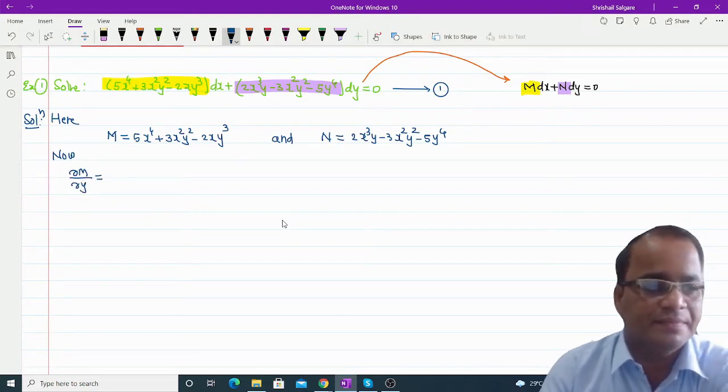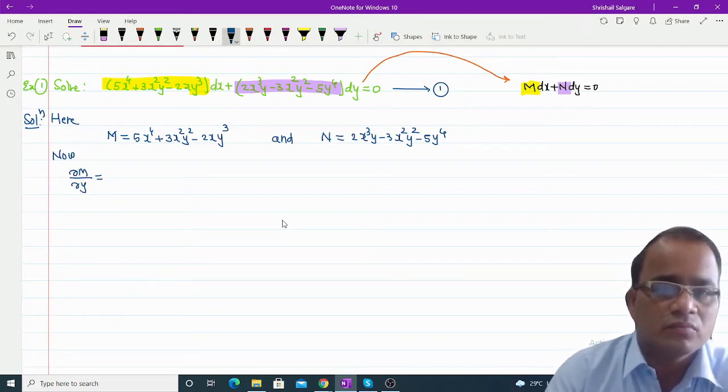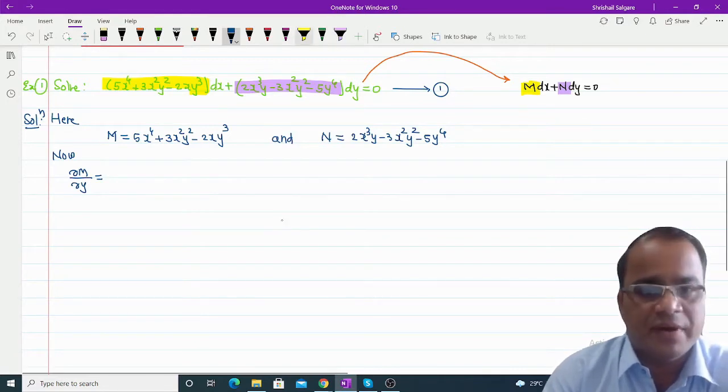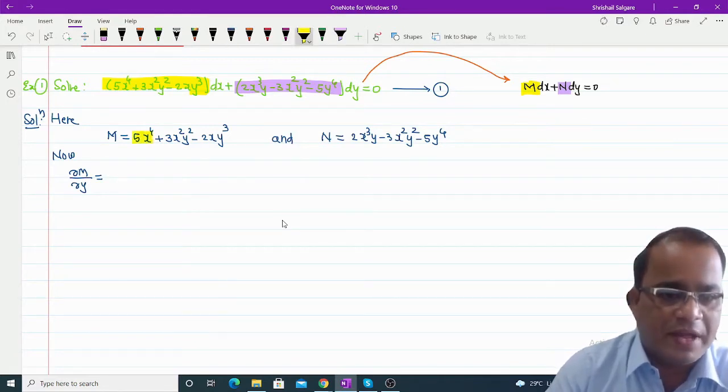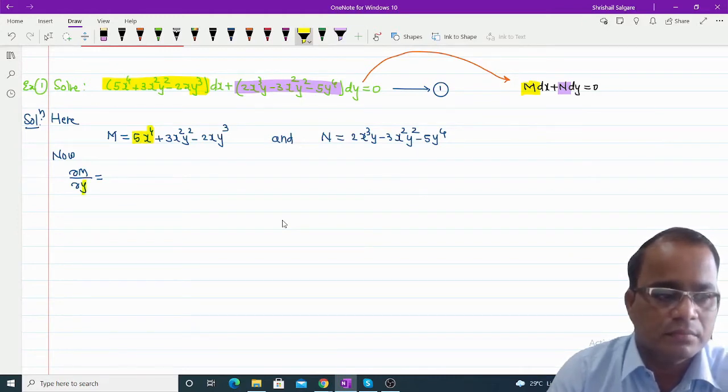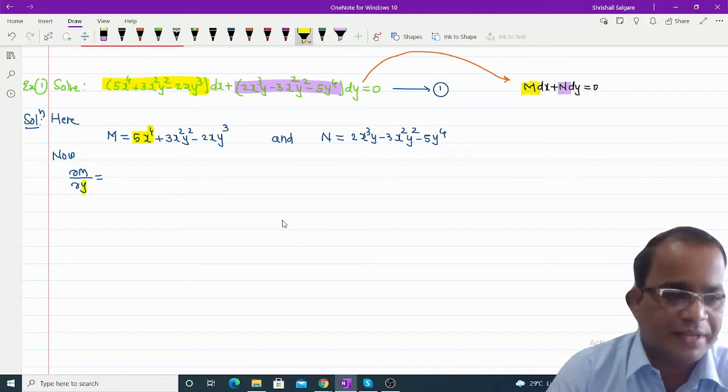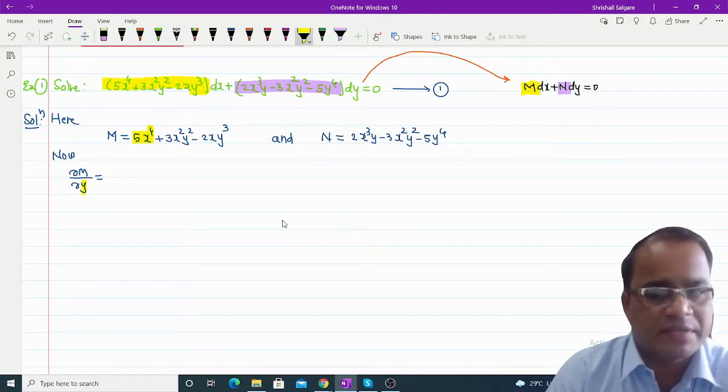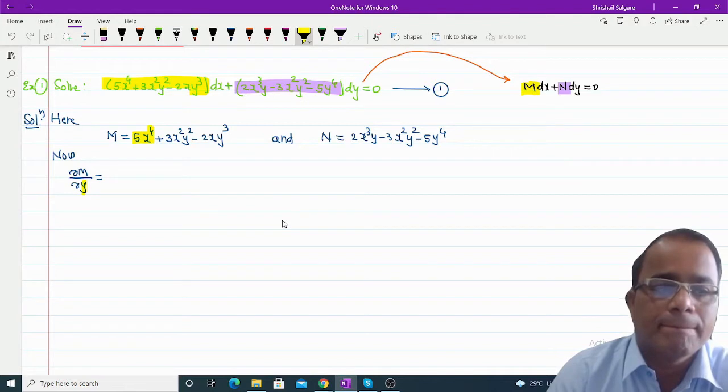Yes, anyone quickly? Term by term. Okay, I will take a name. Shivani, what is the derivative of 5x raised to 4 with respect to y? Okay, Shruti, if you are not responding immediately, I will speak. Okay, Sumit Patil. Are you there in the class?